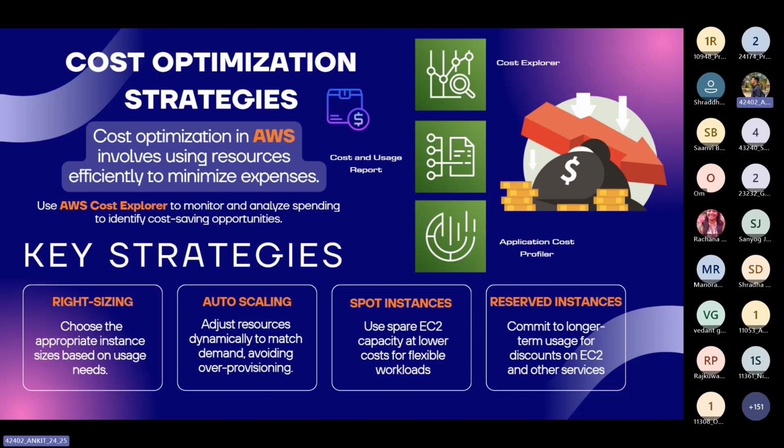Cost management is a critical aspect of using cloud services, and AWS provides flexible pricing models such as on-demand pricing or reserved instances for long-term savings. You can reserve an instance for a year or three, and it will give you less cost instead of paying monthly for it.